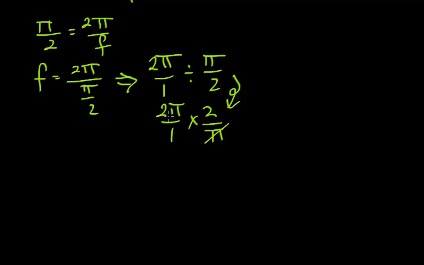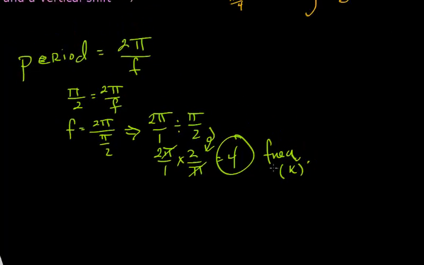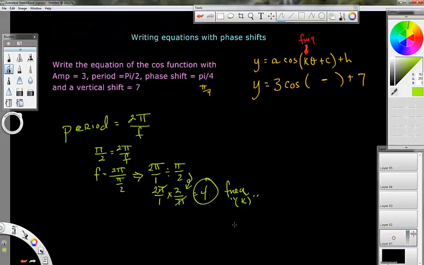Well, the pi's cancel. The 2's don't cancel. Don't be slashing 2's up here. You can't do that. And this would become 4. So 4, which we'll circle, that's our frequency. And it is represented in our master equation here, frequency, by the letter k. So we now know that this is going to be 4 theta.